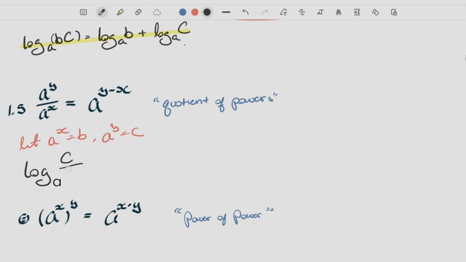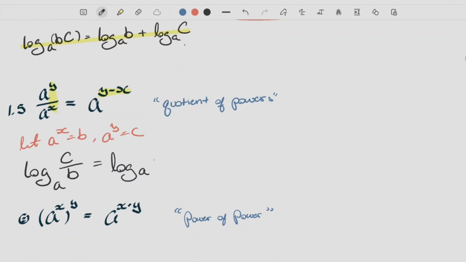Log of c over b. Division in the world of exponents is subtraction. So we are dividing number values, so we are subtracting the exponent values.